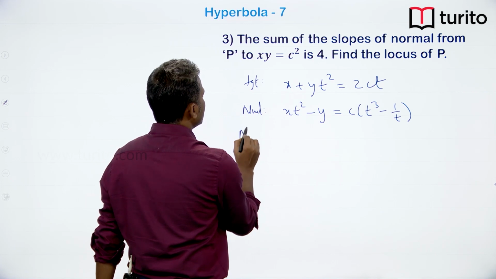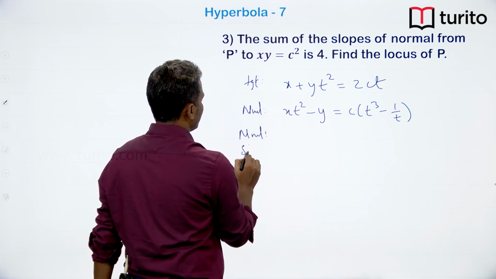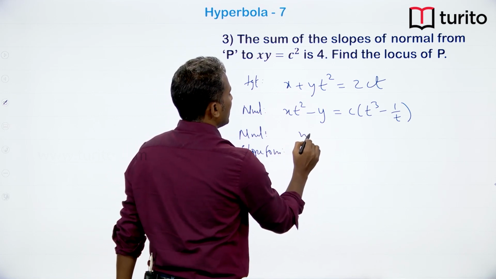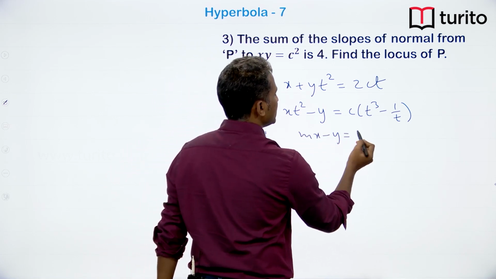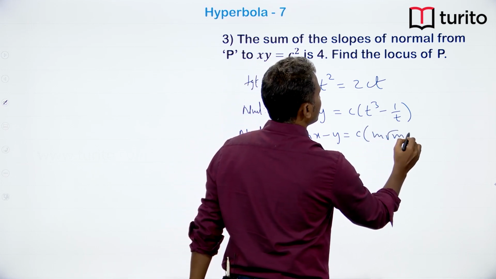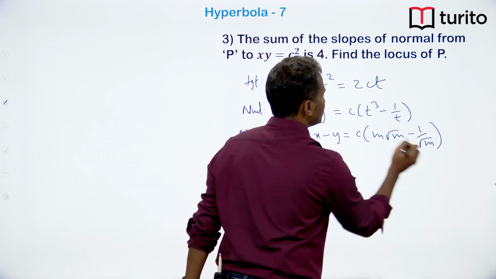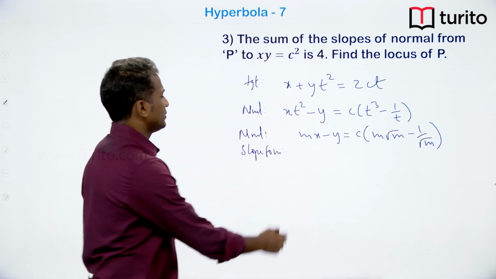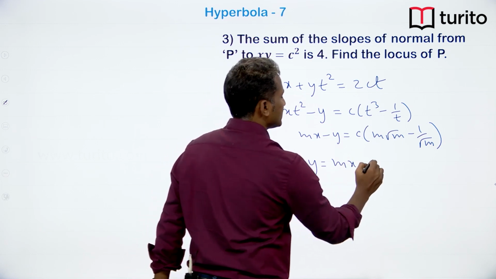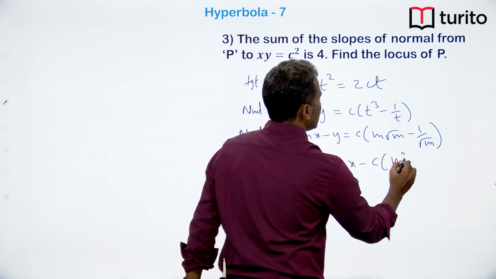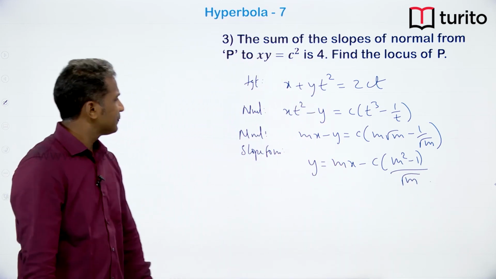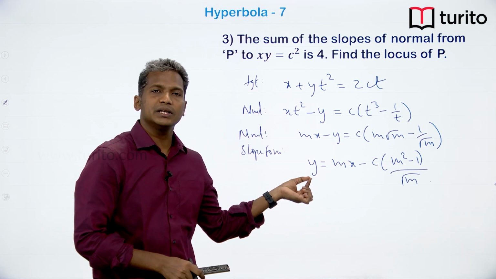So normal in slope form becomes mx minus y is equal to c into m root m minus 1 by root m. Now this can be further written as y equal to mx minus c into m square minus 1 by root m. This is the equation of normal in slope form.